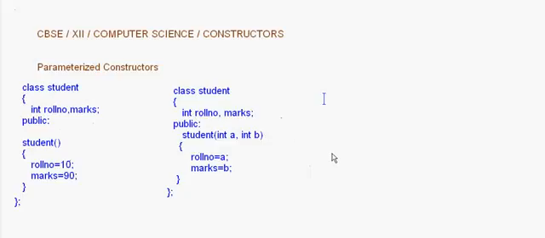So we can write constructors with any number of parameters. Supposing I want to write something like this, student, and I write here just int a. This is also a valid constructor. Now here I say roll number is equal to 9.